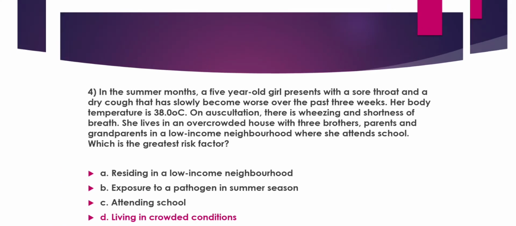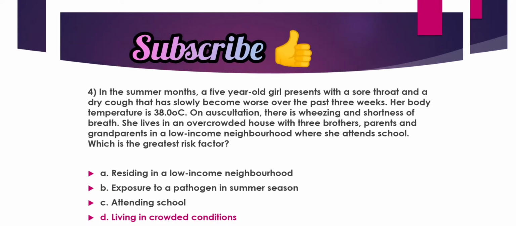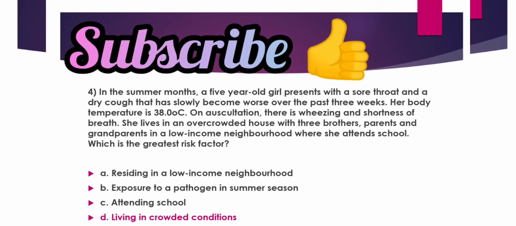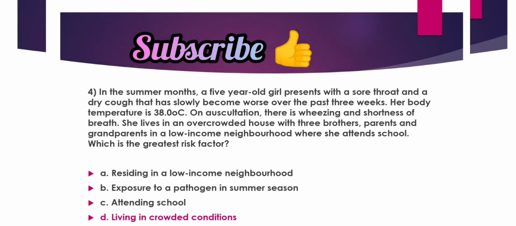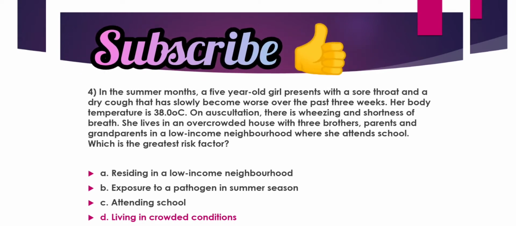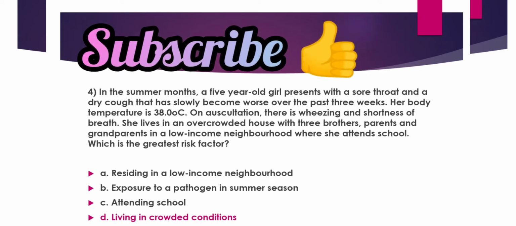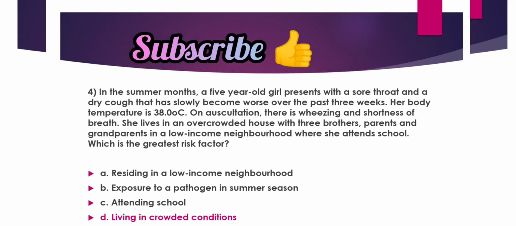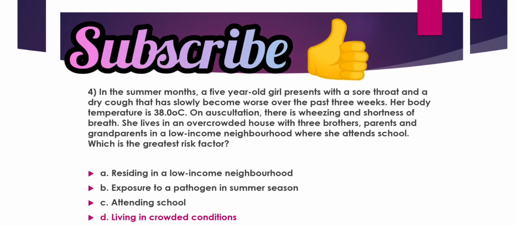Question number 4. In the summer months, a 5-year-old girl presented with a sore throat and a dry cough that has slowly worsened over the past 3 weeks. Her body temperature is 38 degrees Celsius. On auscultation, there is wheezing and shortness of breath. She lives in an overcrowded house with 3 brothers, parents and grandparents, in a low income neighborhood where she attends school.